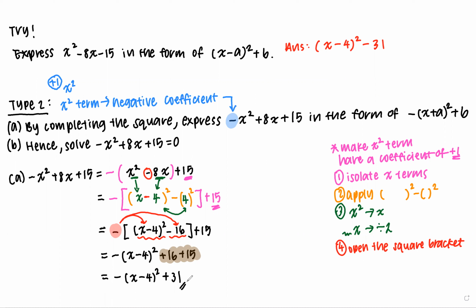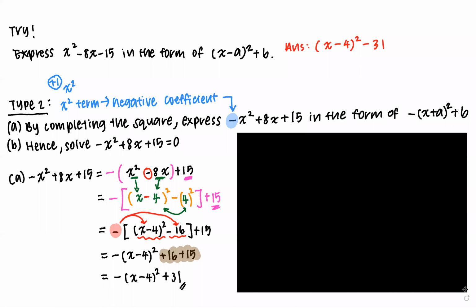Now, once you're done, let me know by putting down your pen. Then I'll erase that and we'll do B. All right, so B, I want you all to listen very carefully because it's a hence question. Hence question means you need to use the one from part A. Meaning to say that right now they want minus x squared plus 8x plus 15 is equal to 0, right? So what did we just do in part A?